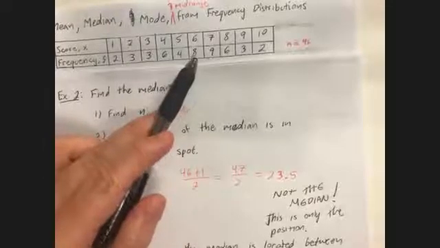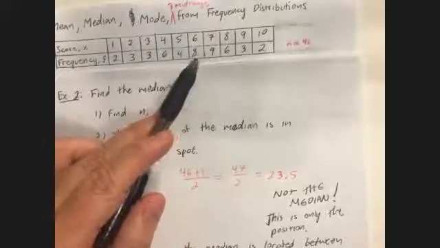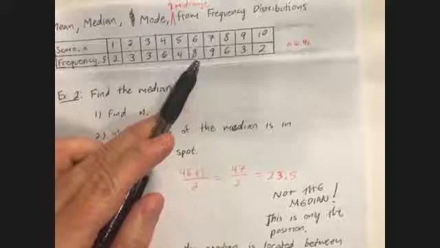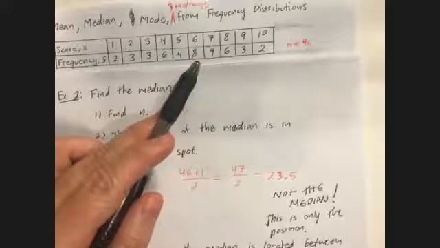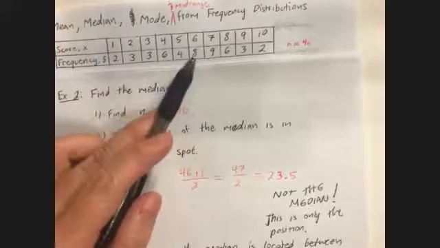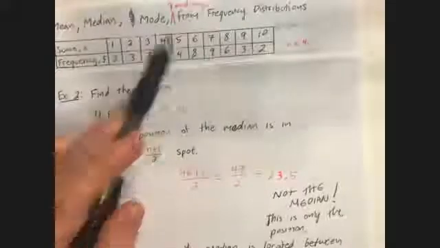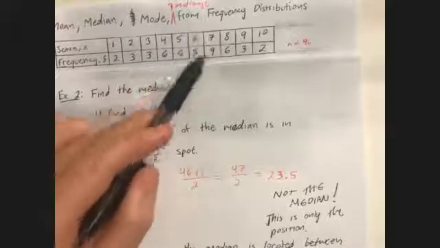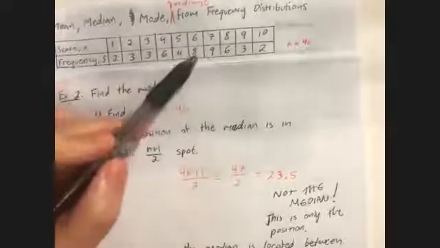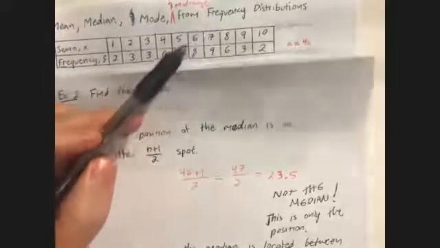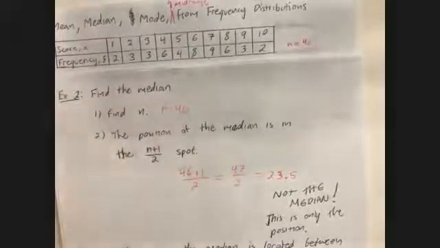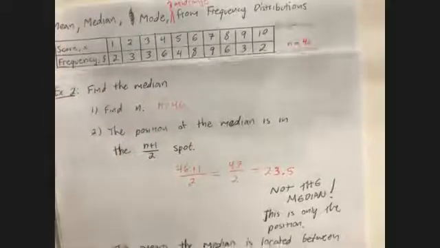Now, I was able to count up to 25, and I'm still here. So that means that our median lives safely in here. So our median is 8.